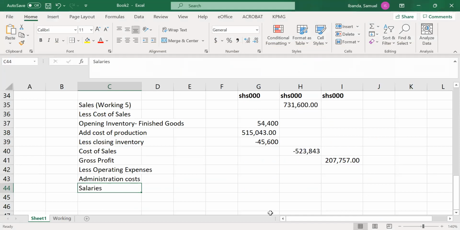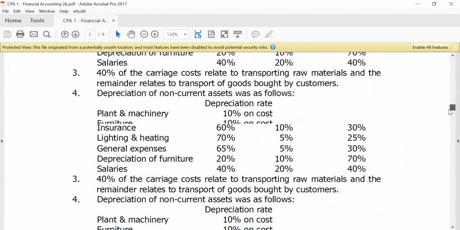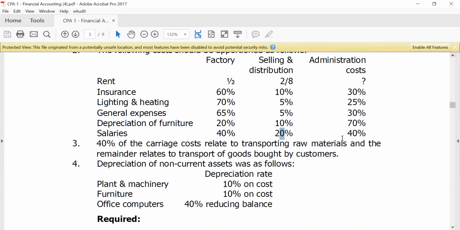What they told us here with salaries is that administration is 40%.